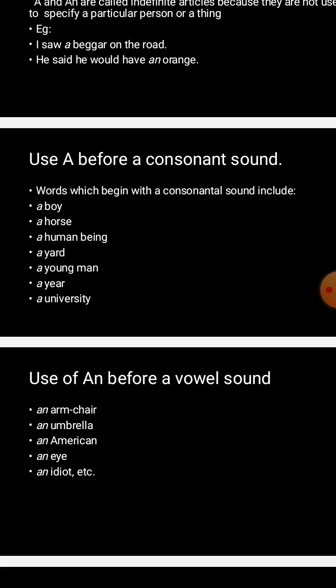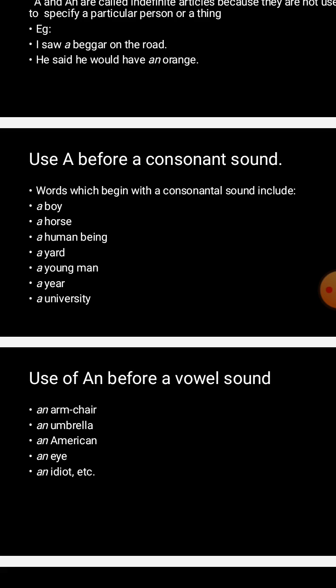Now, an is used before words beginning with a vowel sound. Now, you have to differentiate here between a vowel and a vowel sound.